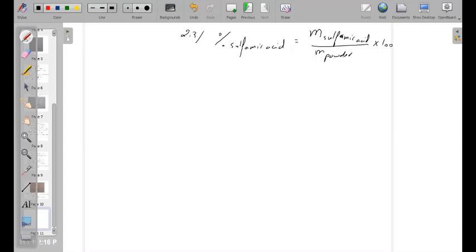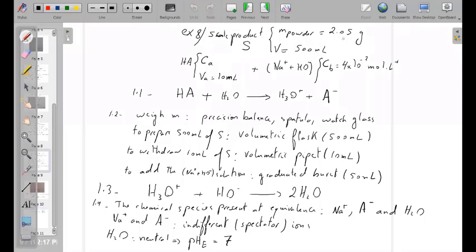The mass of powder is equal to 2.05 gram in a volume of 500 milliliter. To what is equal the mass of sulfuric acid in 500 milliliter? That means in 2.05 gram, how many gram of sulfuric acid? Using the concentration determined by titration, we can deduce the mass of sulfuric acid in 500 milliliter.